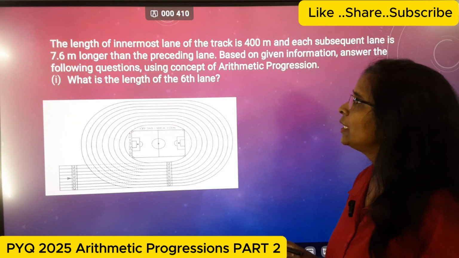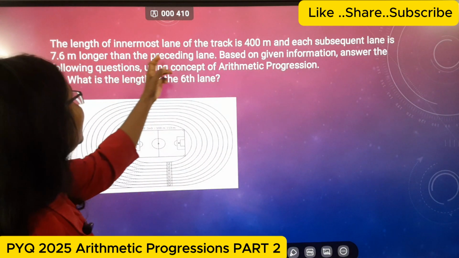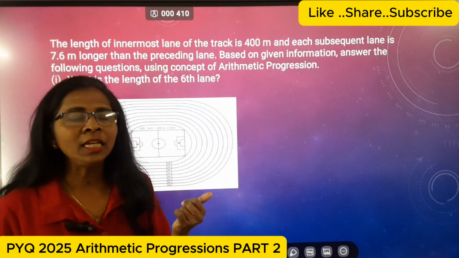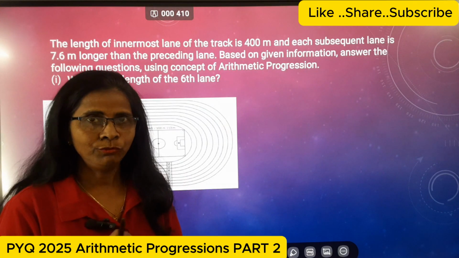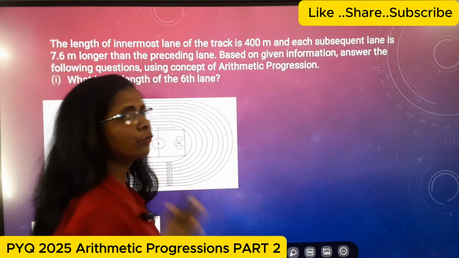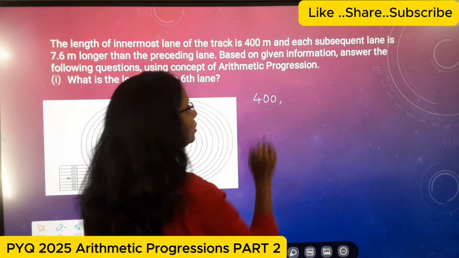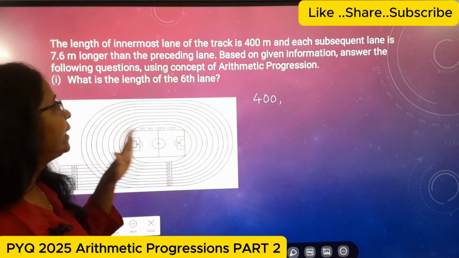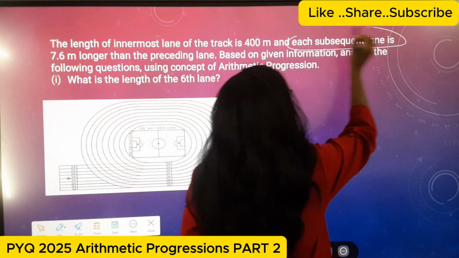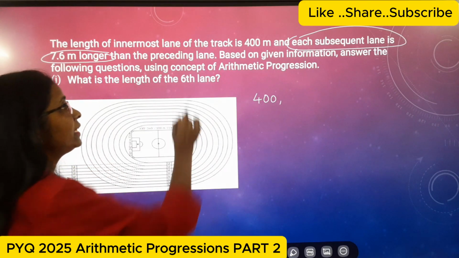As per the given information, they give us the innermost length of the track. That means it will be the first term. We try to form the arithmetic progression, and the first term is 400. And each subsequent length is 7.6 longer than the preceding length.